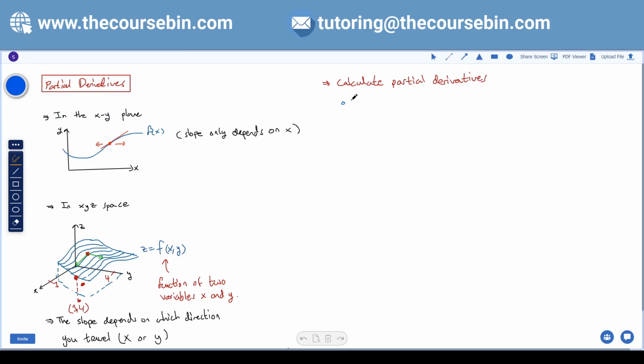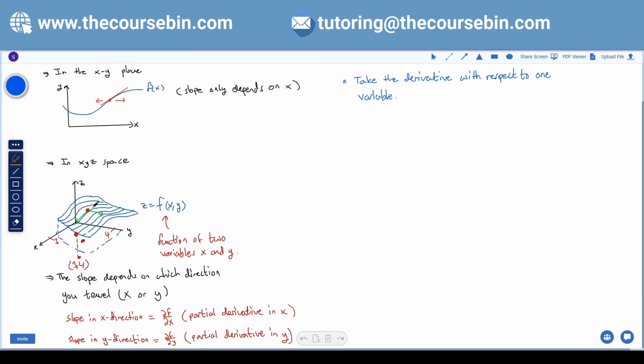Hold all other variables constant, and take the derivative with respect to one variable. So what does this mean exactly?